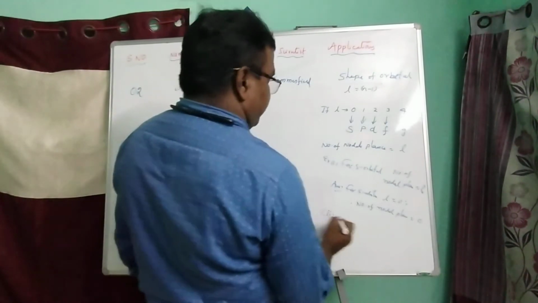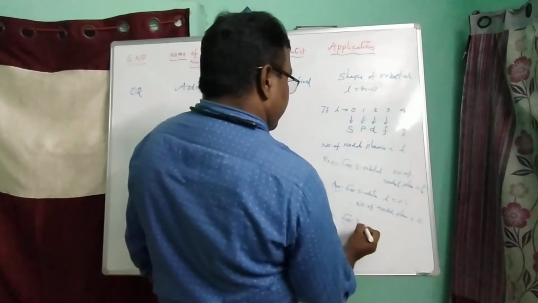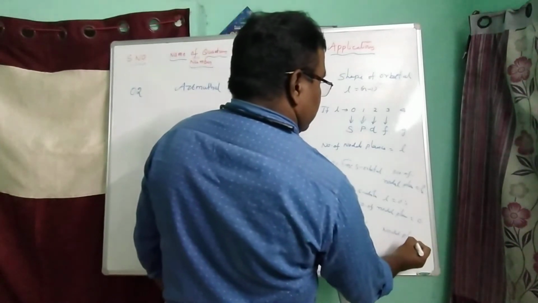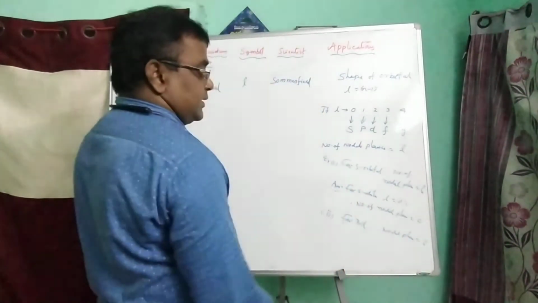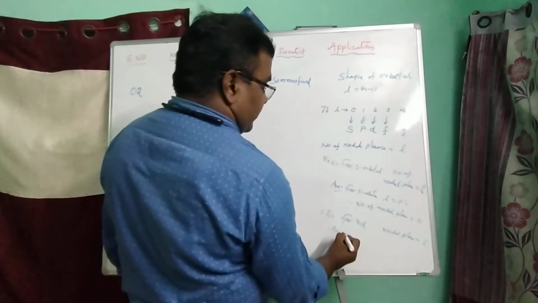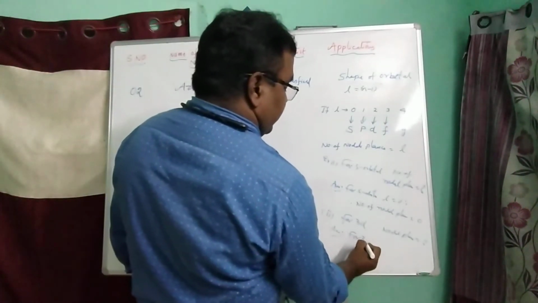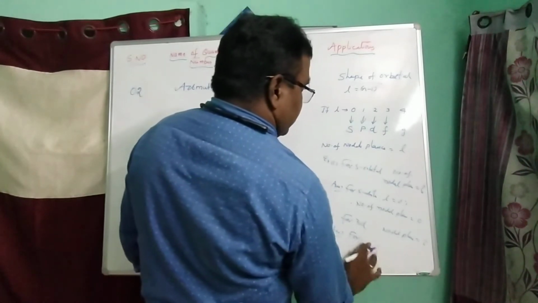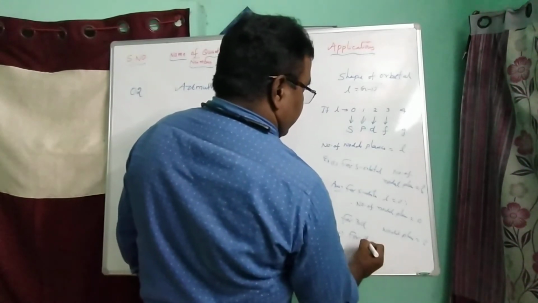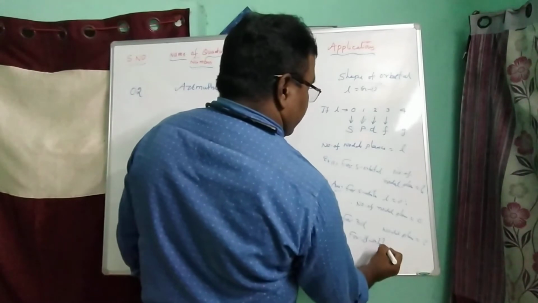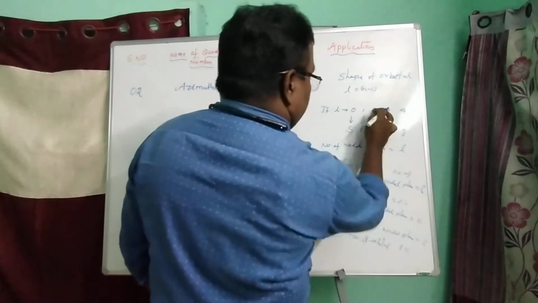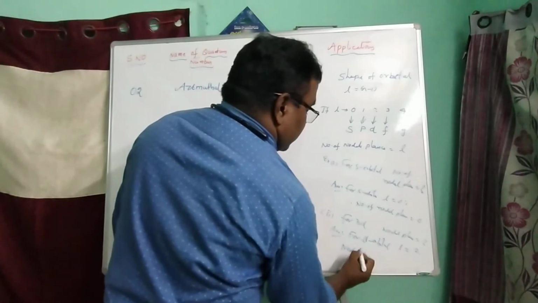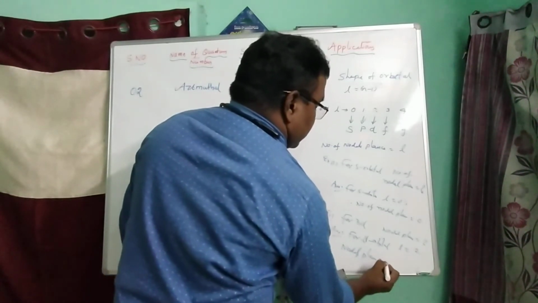Example 2: for 3d orbital, how many nodal planes? For d orbital, the L value is equal to 2, therefore nodal planes is also equal to 2.